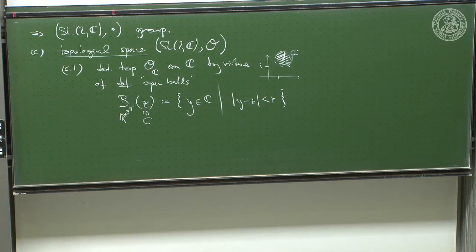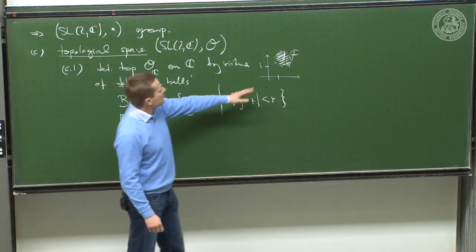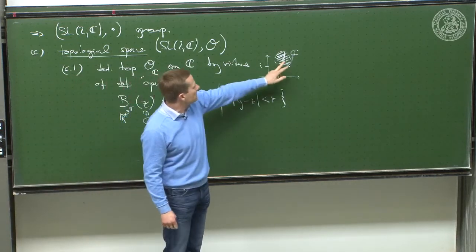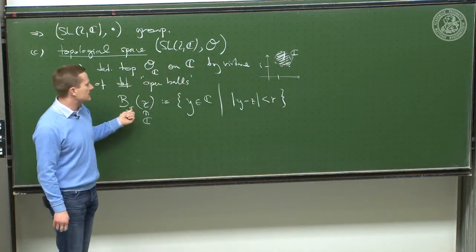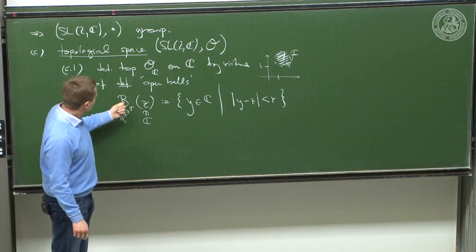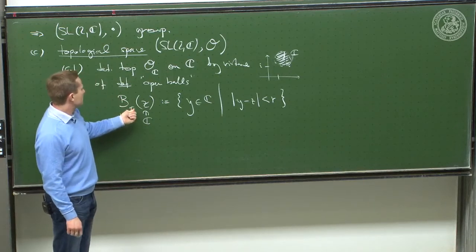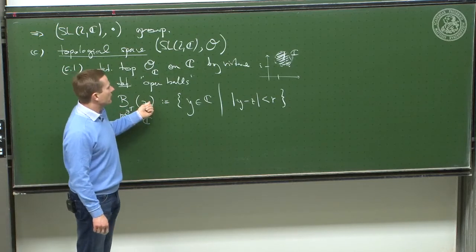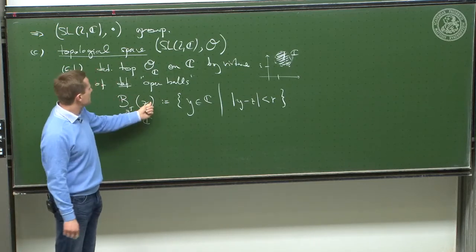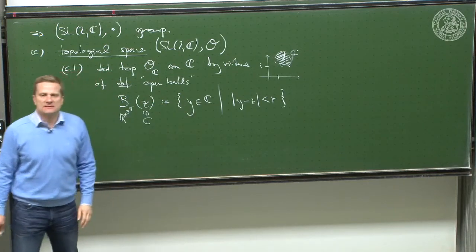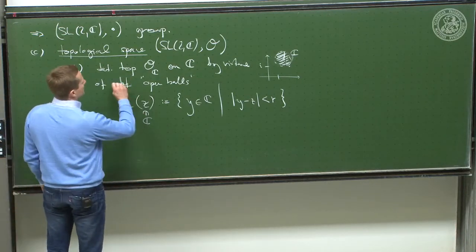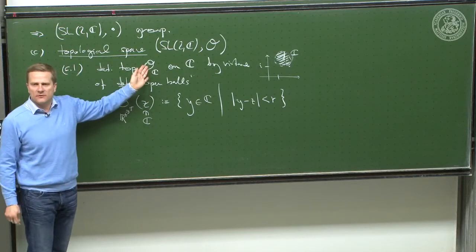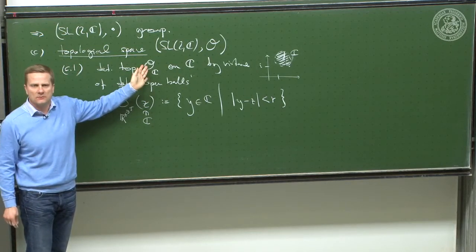So you define these, and then the standard construction: you call a subset of C open if for every point of this subset there exists a positive real number such that the ball with that radius around that arbitrary point lies entirely within that subset. It's exactly the same construction as in R or in R2. And obviously, this yields a topology on C. Further remarks needed? No.